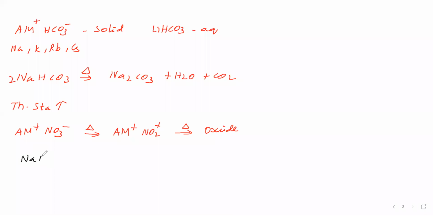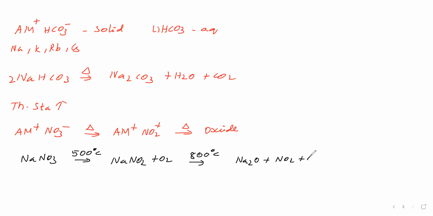Sodium nitrate on heating to 500 degrees Celsius gives sodium nitrite and oxygen. On further heating to 800 degrees Celsius, it gives metal oxide, NO2 and O2.